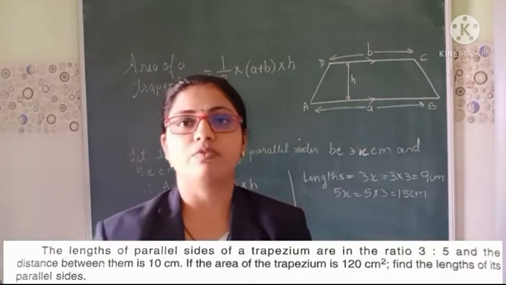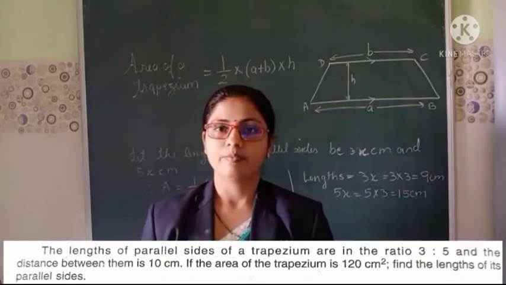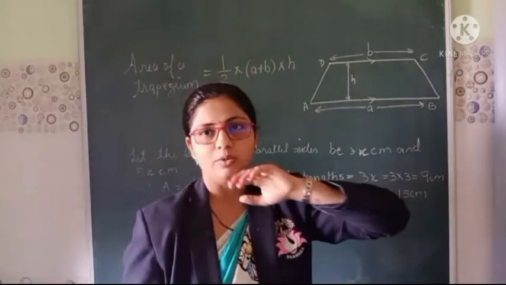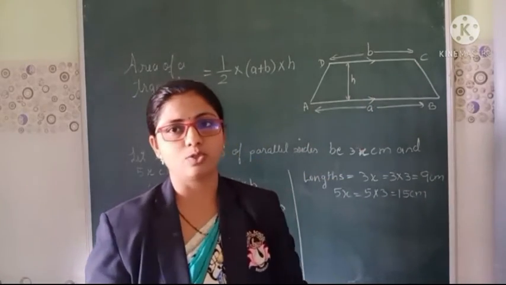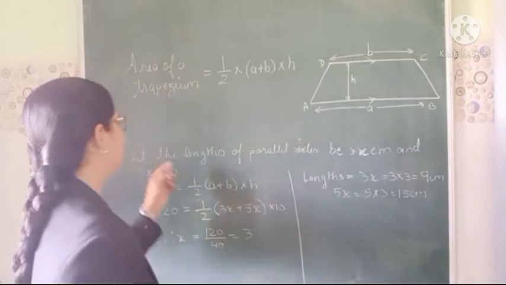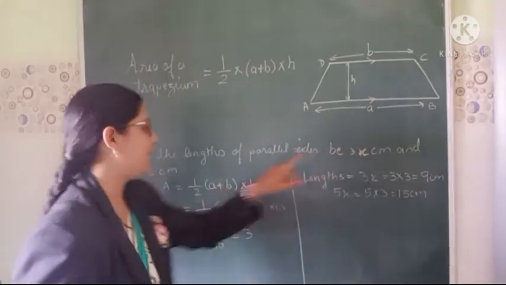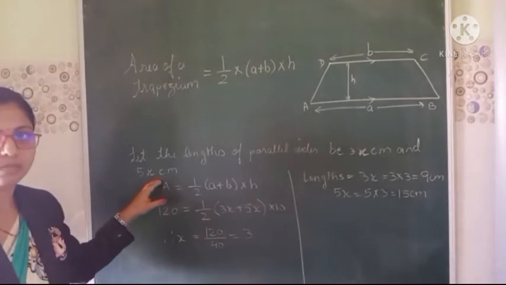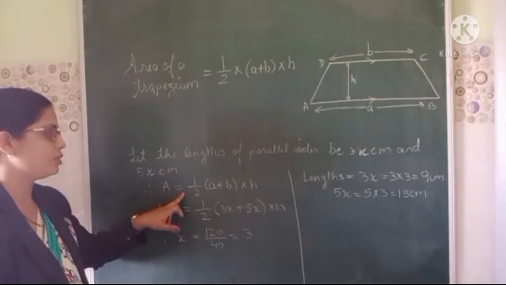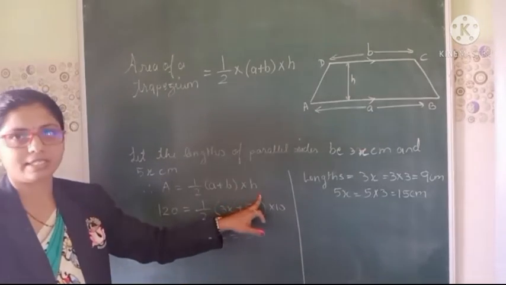So you have to find the length of its parallel sides. That means whatever the length of this parallel side is, that we have to find out. Ratio is given as 3:5. So we will consider, let the lengths of the parallel sides be 3x centimeter and 5x centimeter. Then we know the formula, area equals half into sum of the parallel sides multiplied by height.